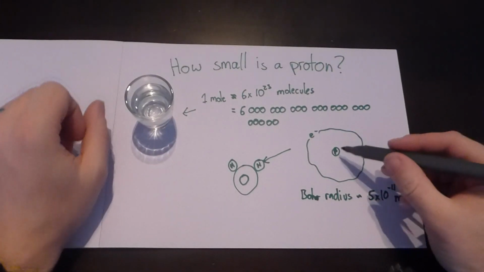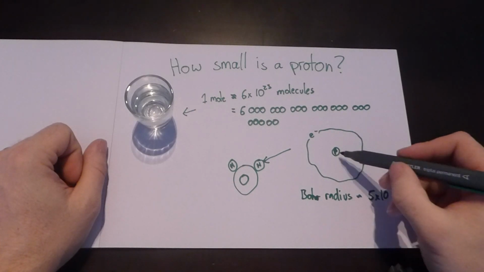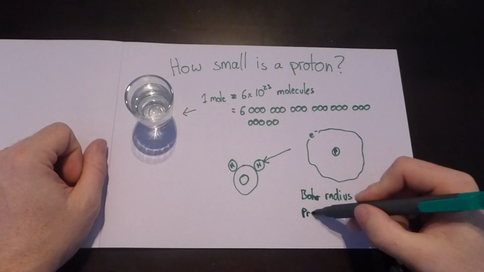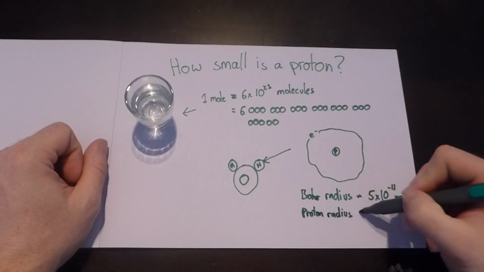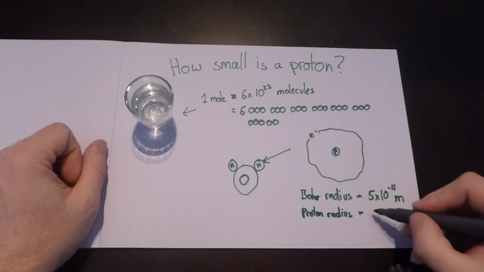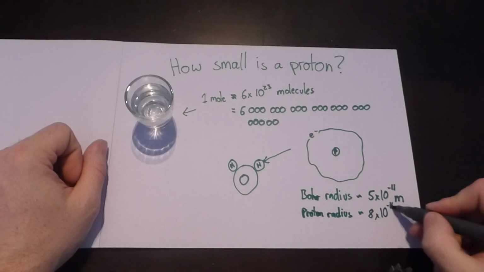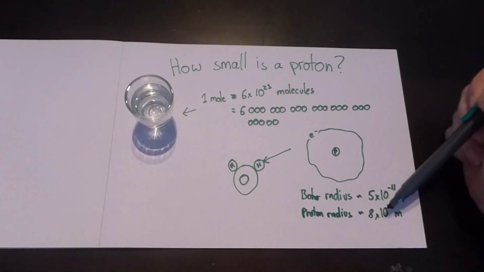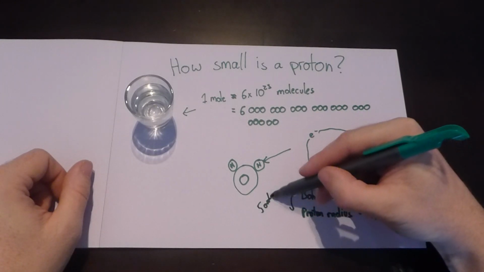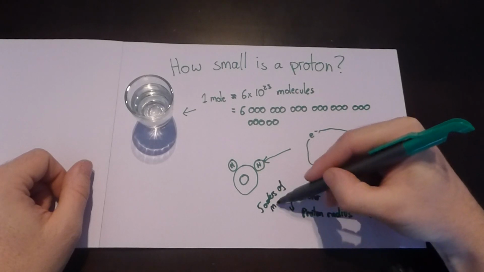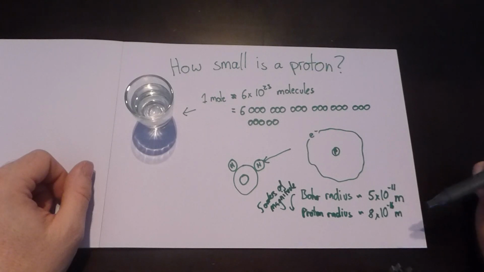And the radius of the proton in the middle there, which is what we were interested in, how small is a proton, is actually not exactly known at the moment. People are still working on this, but the latest estimates put it around 8 point something times 10 to the minus 16 meters. So physicists would say there's a difference of 5 orders of magnitude between these two sizes, the size of the atom and the size of the proton.